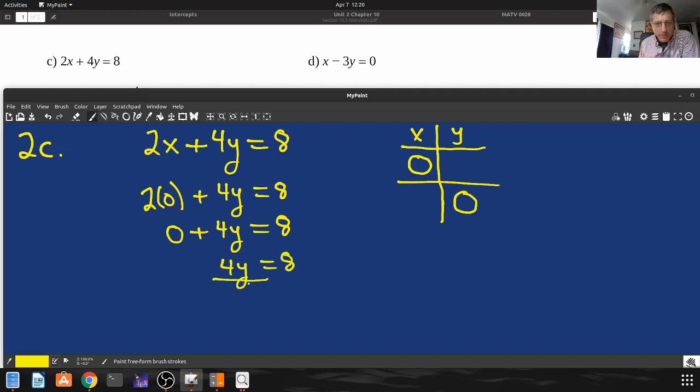So I'm going to divide both sides through by 4. And the final step is going to be y is equal to 8 divided by 4, which is 2. So here I have 0, 2 is my y-intercept. Why? Because my x value is 0.